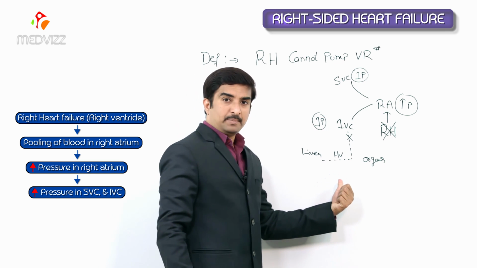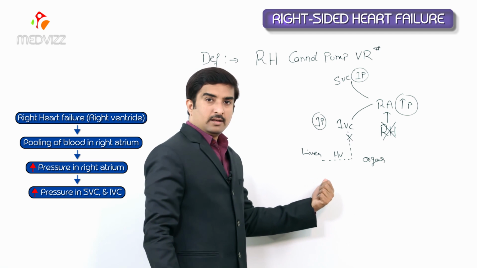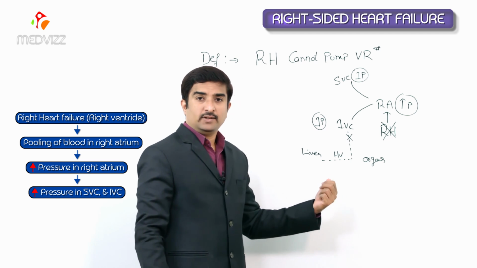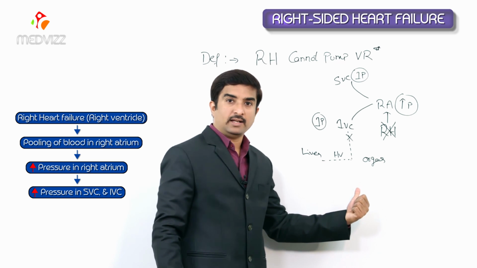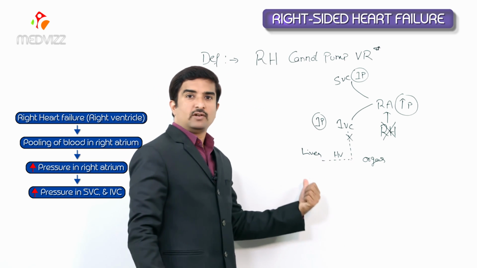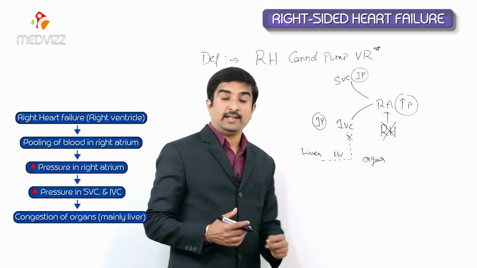In the same way, in the hepatic vein also there will be a blockade of blood, or we can say there will be accumulation of blood in the hepatic vein. In the same way, there will be accumulation of blood in the liver. So, this leads to congestion of the liver and congestion of various organs.